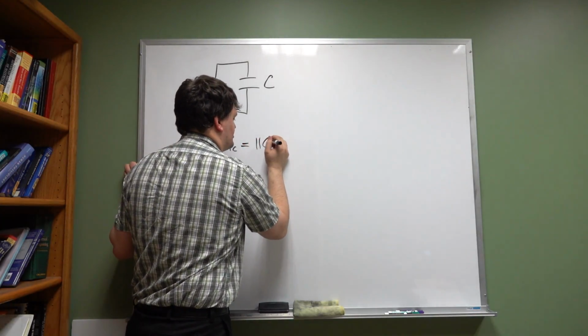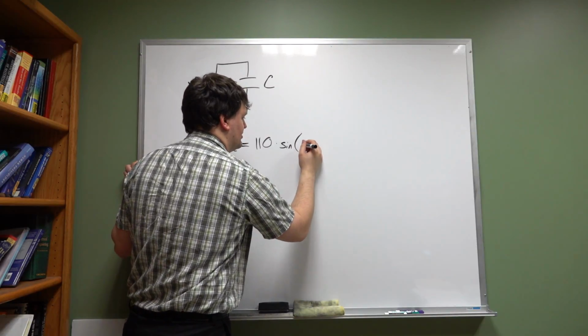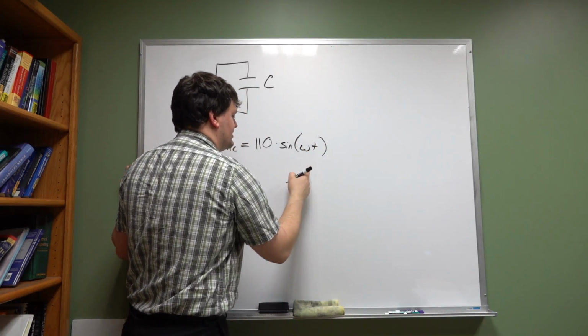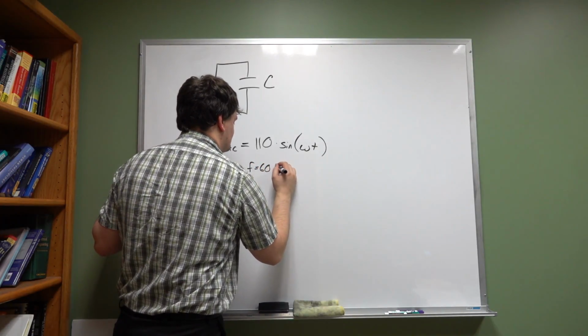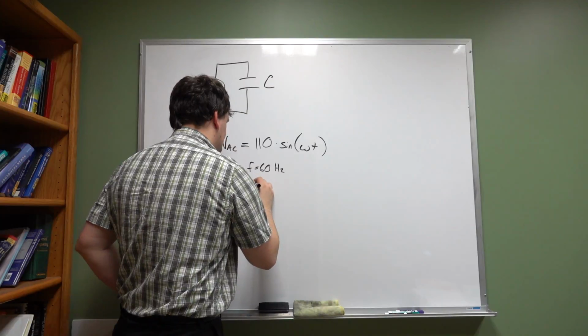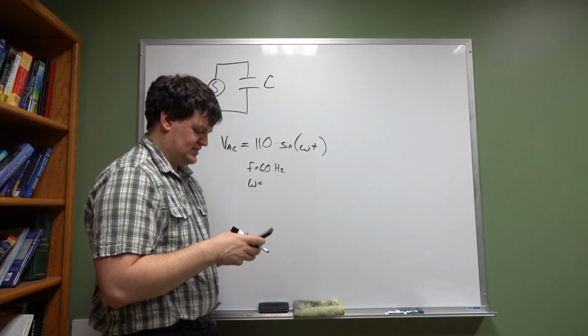It's equal to 110 volts times sine of omega t, where here the frequency is 60 hertz. So that means omega is equal to 2 pi times 60.